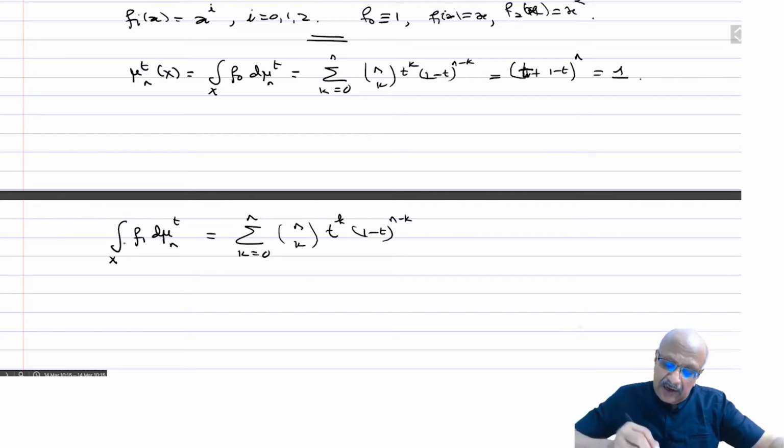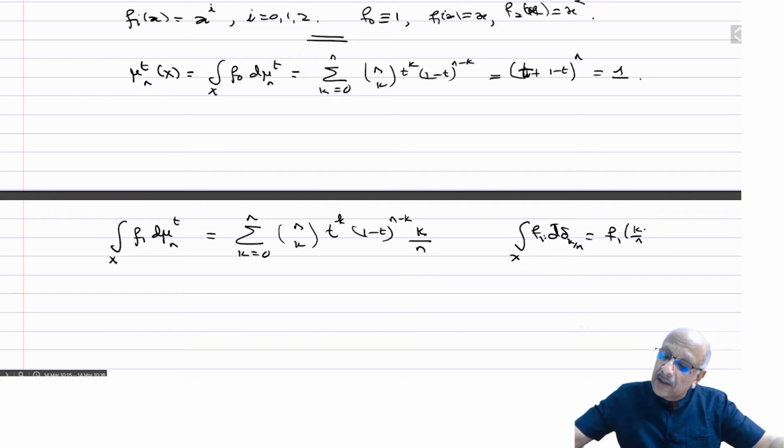I have to integrate f1 against that measure, and that is nothing but evaluation of the function f1 at the point k by n. f1 is just the point x, so I just get k by n. So the integral of f1 d delta k by n over X is nothing but f1 evaluated at k by n, and that's equal to k by n. Okay, so that's what we have.